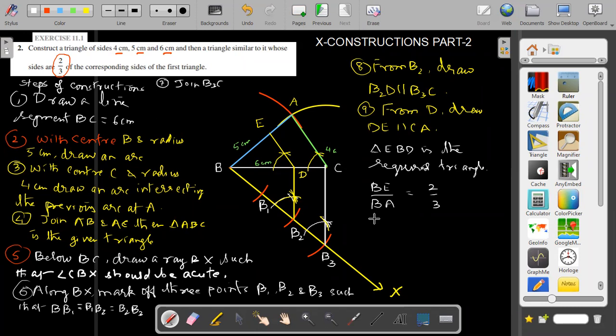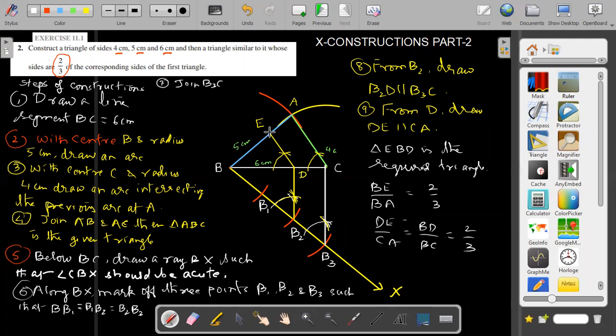So BE upon BA, or if you find DE upon CA, or BD upon BC, you will get 2 upon 3. Sometimes they ask for justification. So this is the justification.